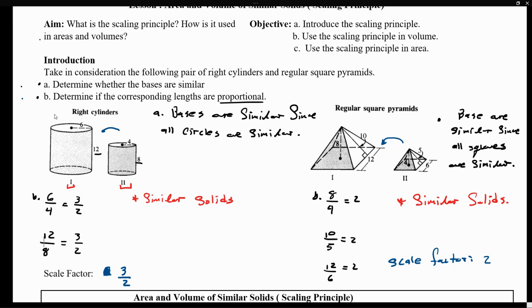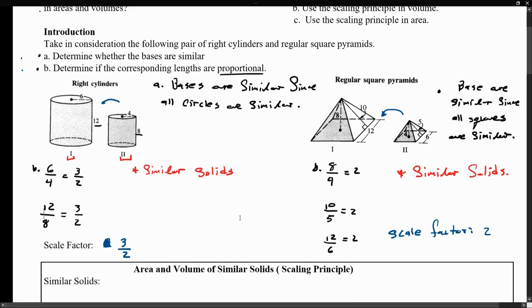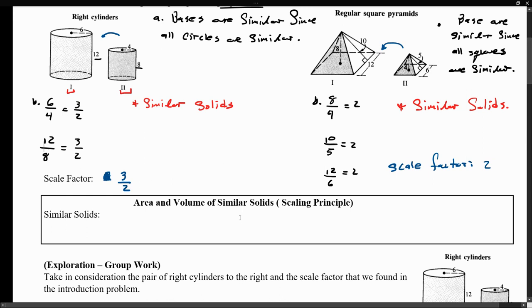Similar solids are going to be those solids which have similar bases, and also their sides or the lengths are in proportion. And let's just give a small definition for what similar solids are.